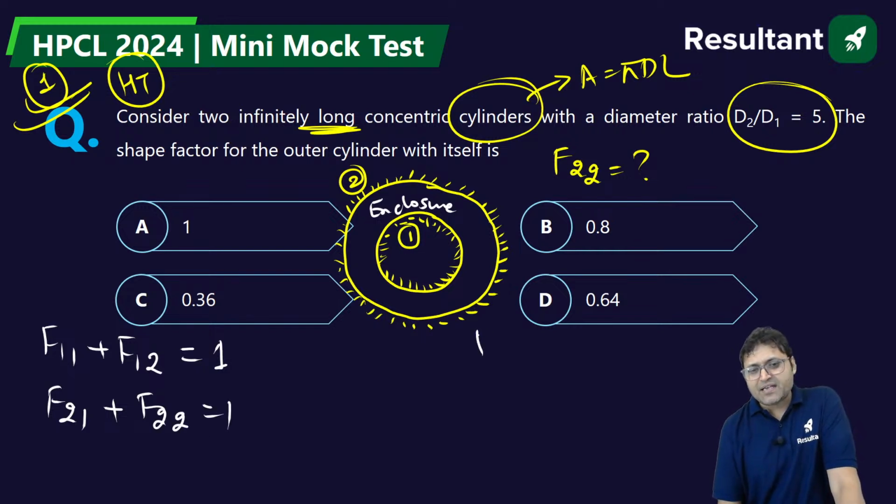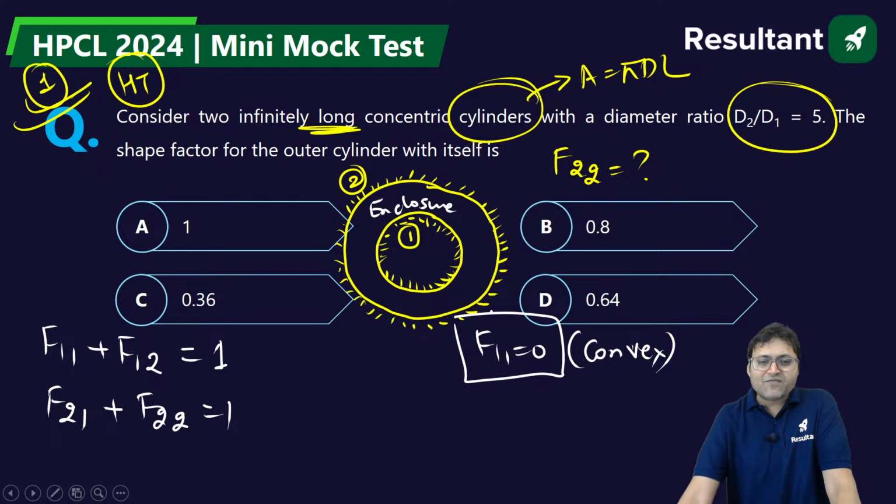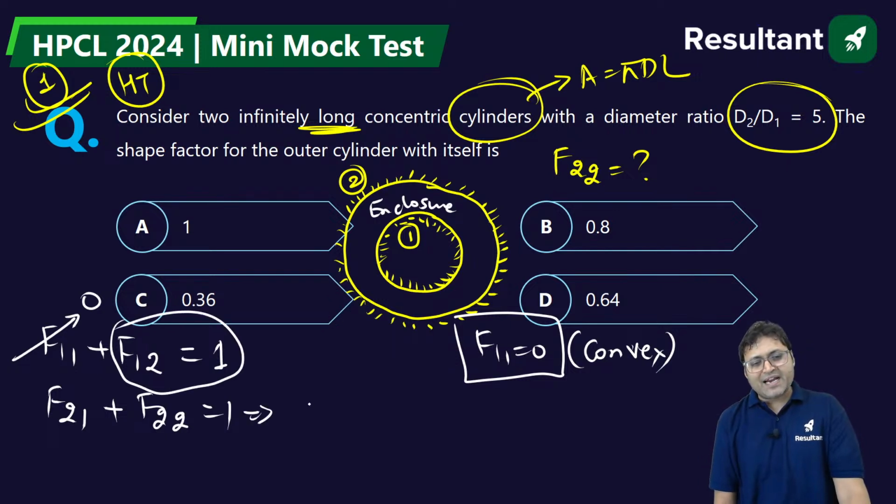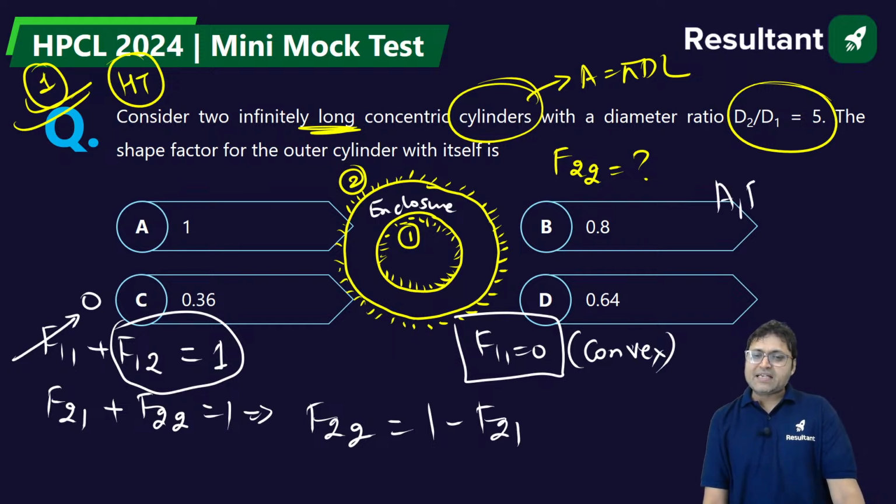For the inner surface, F11 is equal to 0 because it is a convex surface, isn't it? Self shape factor for a convex surface is 0. So F12 is equal to 1. So we can write F22 is equal to 1 minus F21. And what is F21? We can say by the reciprocity theorem, A1 F12 is equal to A2 F21.